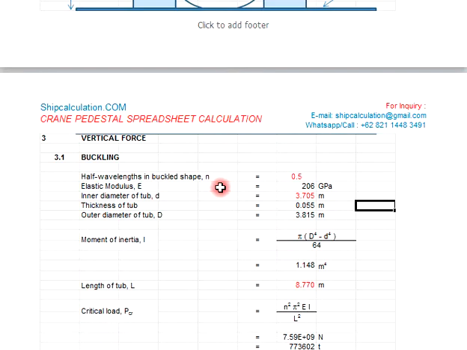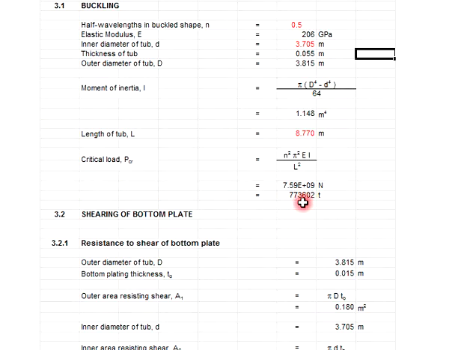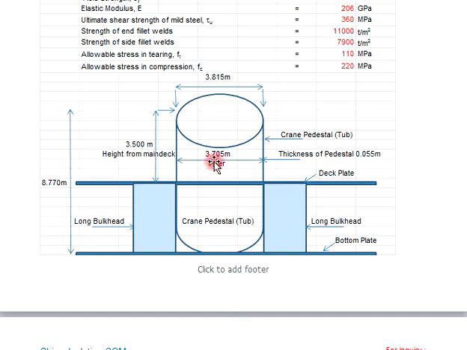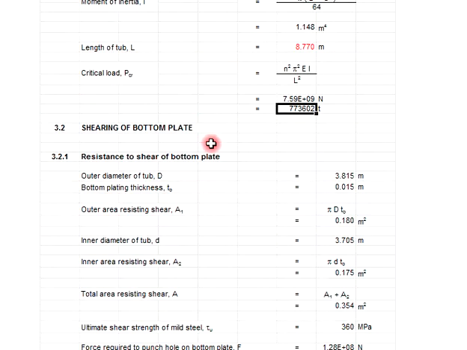So the critical load will be how much? This is the critical load; you cannot go more than this. This one is something like buckling, the buckling of this pedestal.